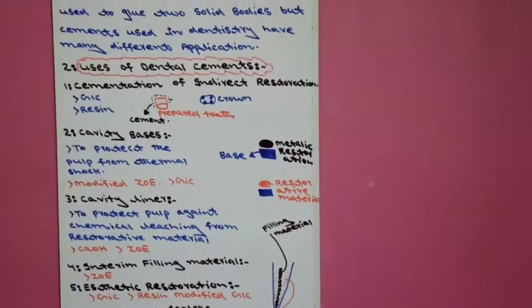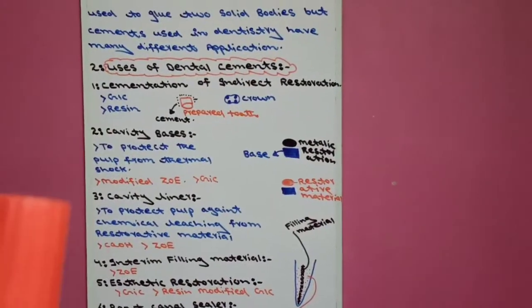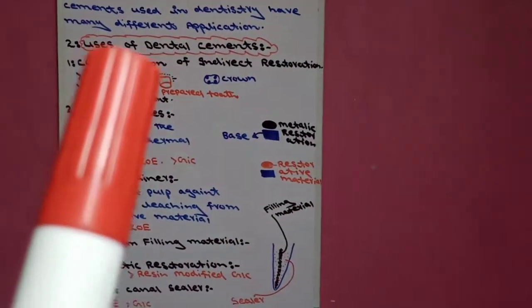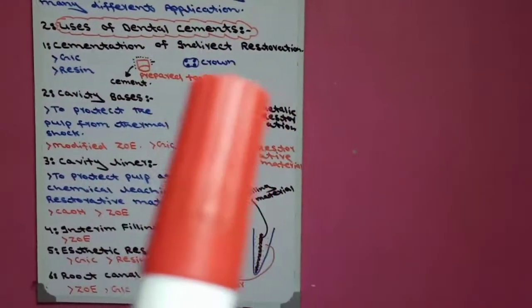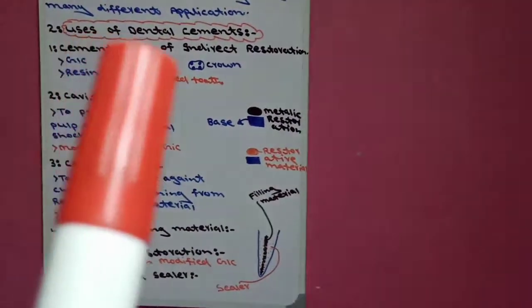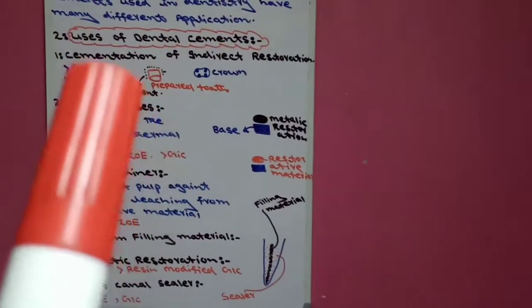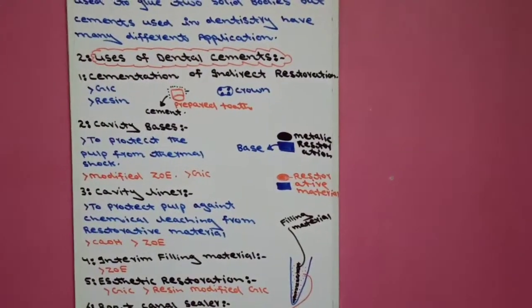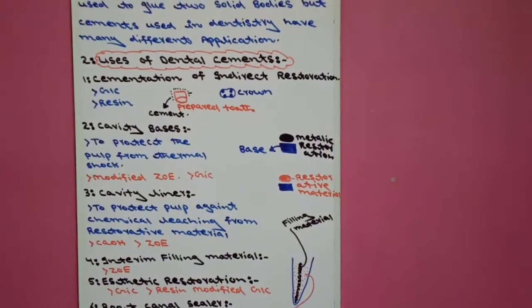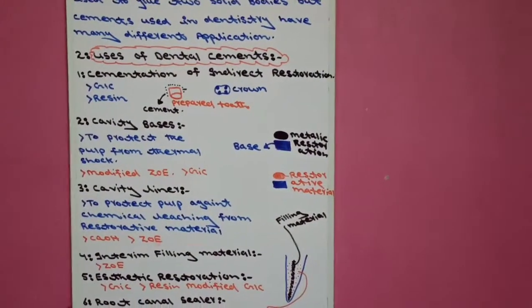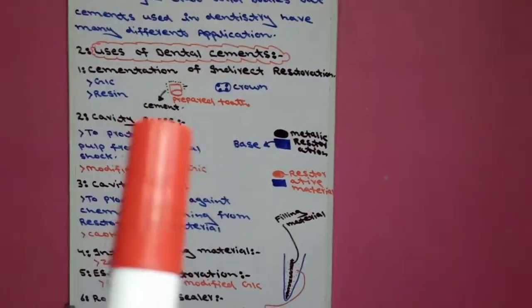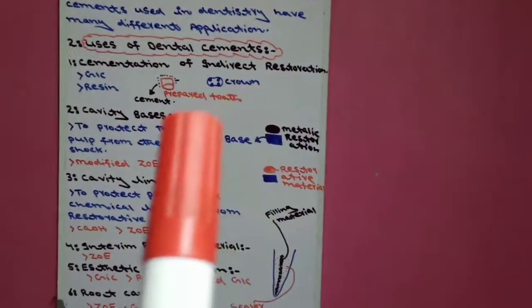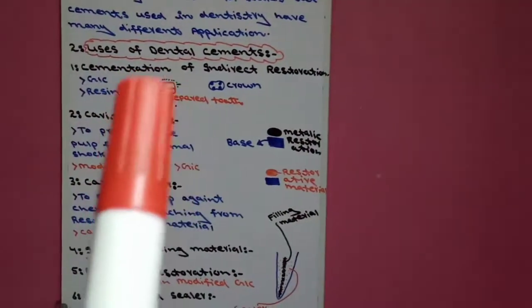Then we cement this crown on the prepared tooth with the help of dental cement. Here the dental cement acts as a glue to lute the crown with the prepared tooth.